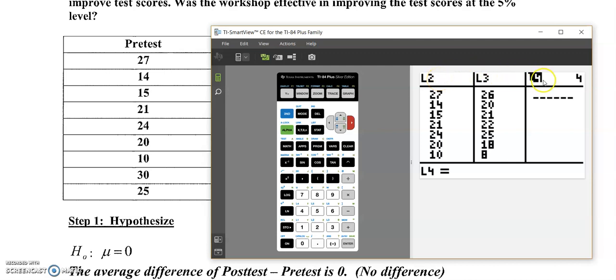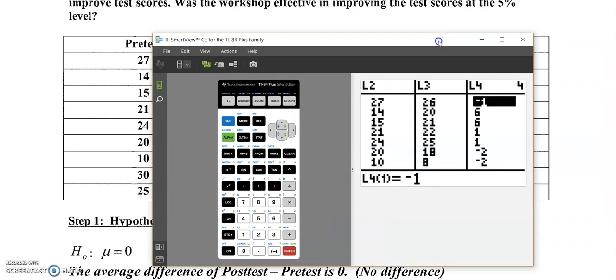So while my cursor is on list 4, I'm going to press second 3 for list 3, subtraction, second 2 for list 2, push enter, and now list 4 becomes the differences. So when you take post minus pre, for example, 26 minus 27, we get -1. So we're going to refer back to list 4, which is the difference list.